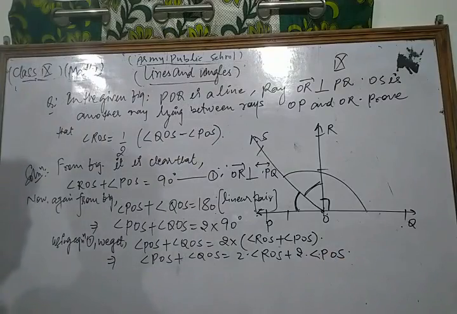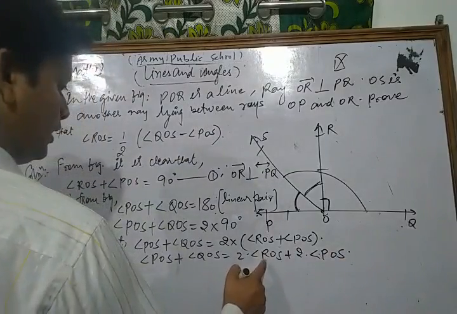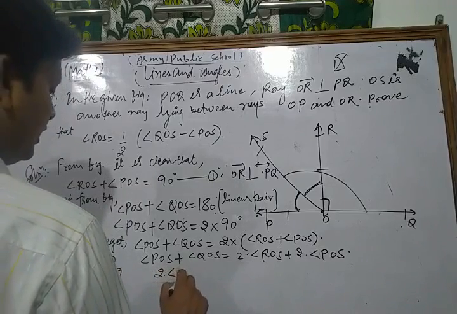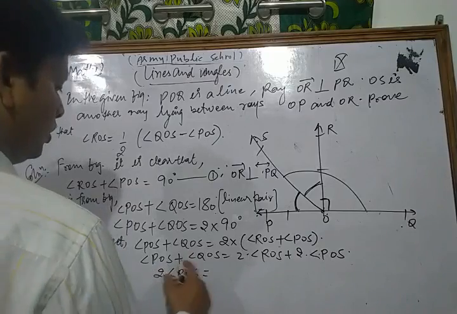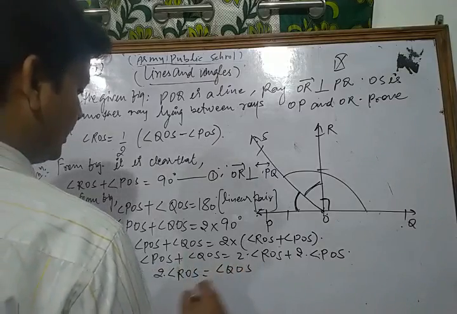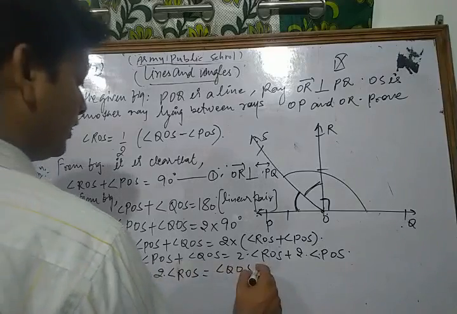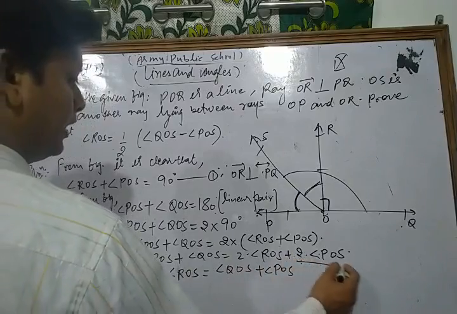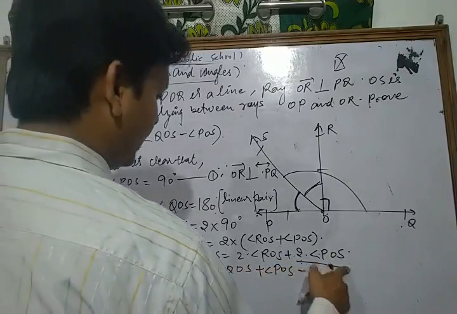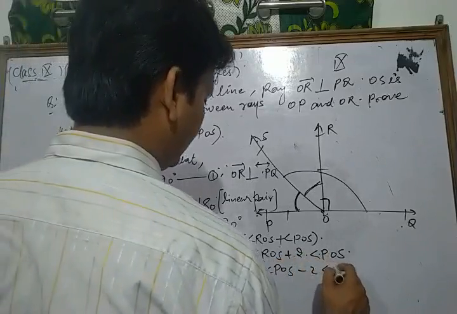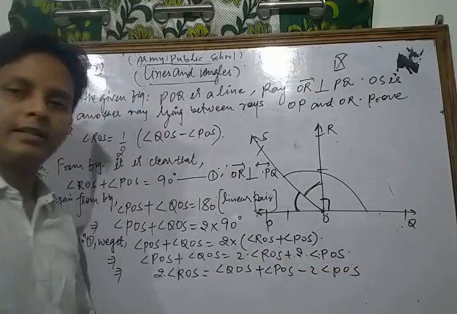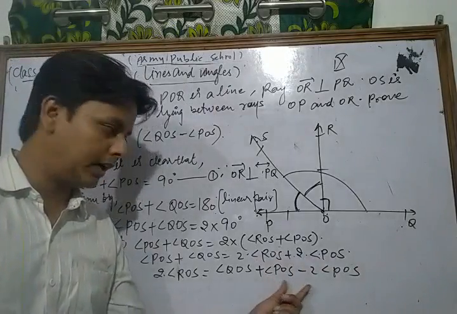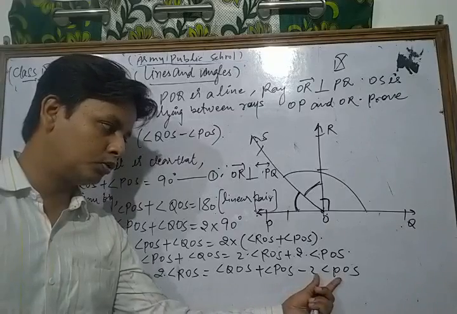So 2 times angle ROS is equal to angle QOS plus angle POS minus 2 times angle POS.